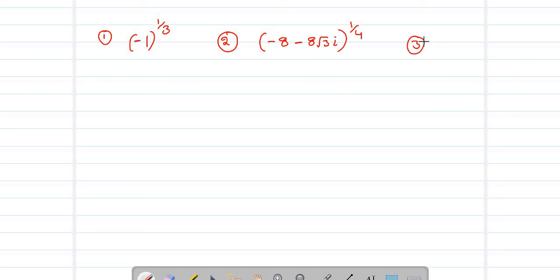And problem 3: what is 8 power 1 by 6? Try to find all possible solutions for these. The first one will have 3, the second one will have 4, and the third one will have 6. So try to find all of them. Take it as homework and let me know the answers by tomorrow.